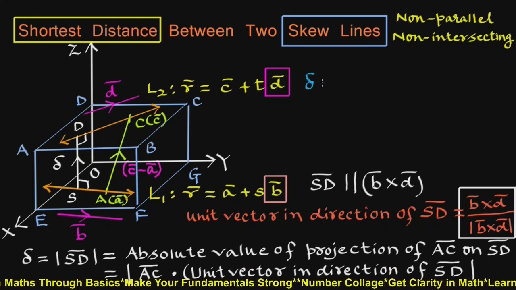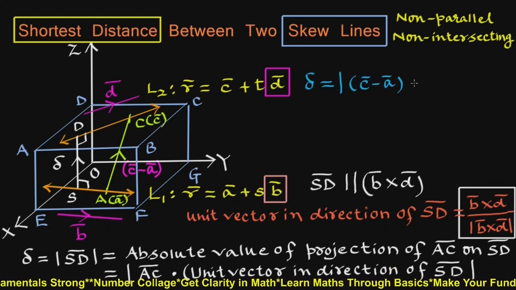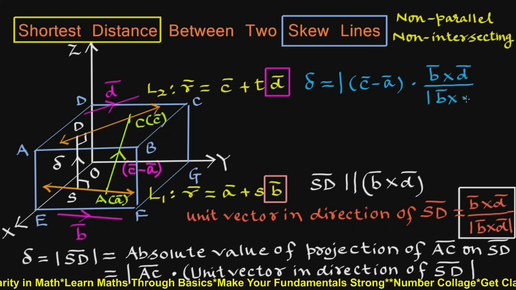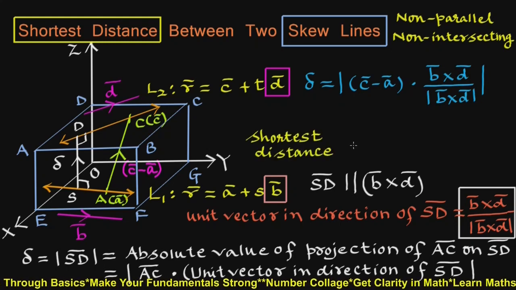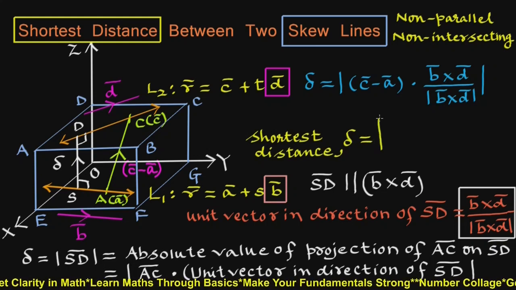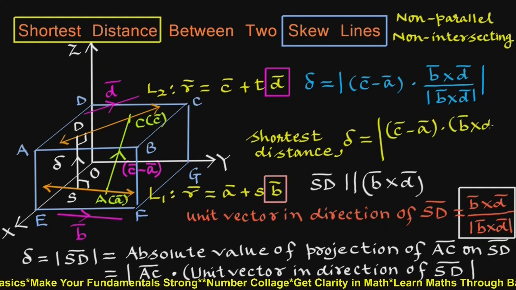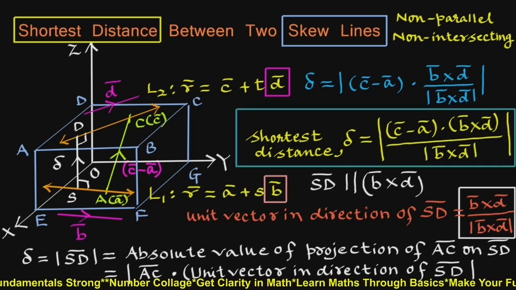So delta is mod C bar minus A bar dot B bar cross D bar upon mod B bar cross D bar. So the formula for the shortest distance between skew lines L1 and L2, delta, is modulus C bar minus A bar dot B bar cross D bar upon mod B bar cross D bar.